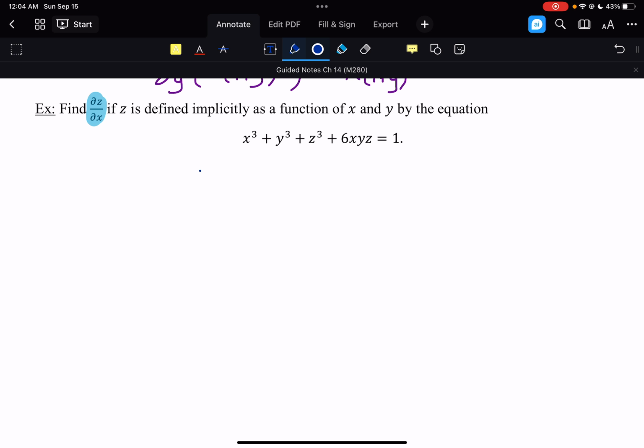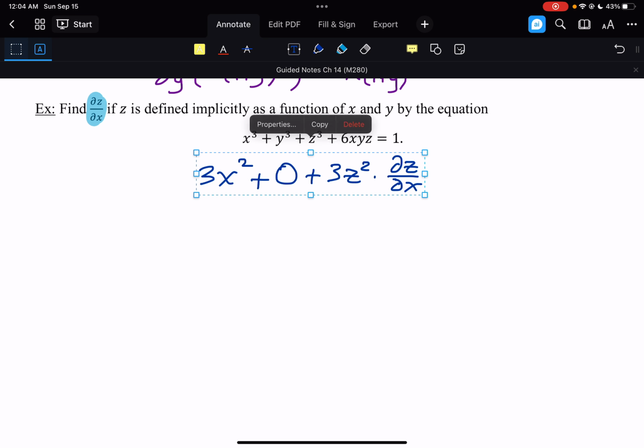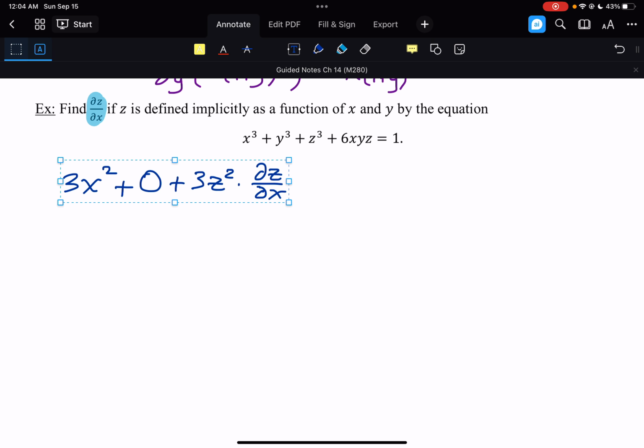So that's going to be 3x squared plus 0 plus 3z squared times the partial of z with respect to x. Okay, and actually I'm going to move this over because this line gets a little bit longer.